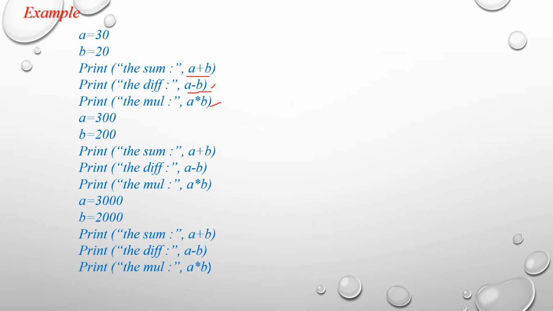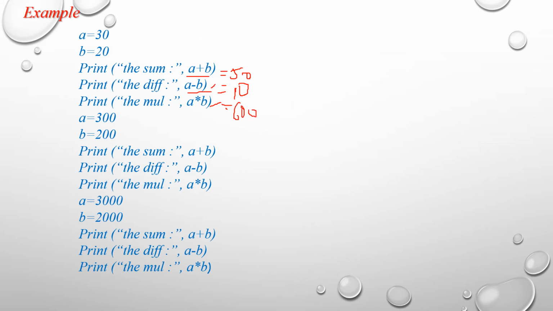Here a is assigned 30 and b is assigned 20. The results are 50, 10, and the product of these two is 600.